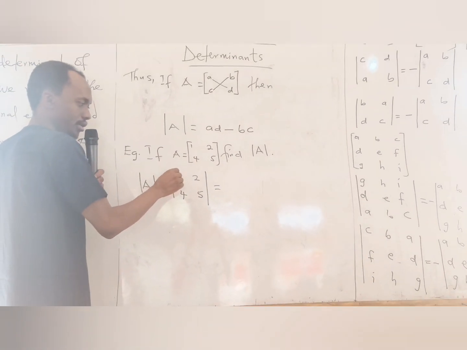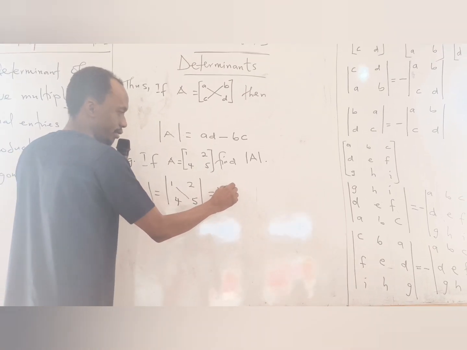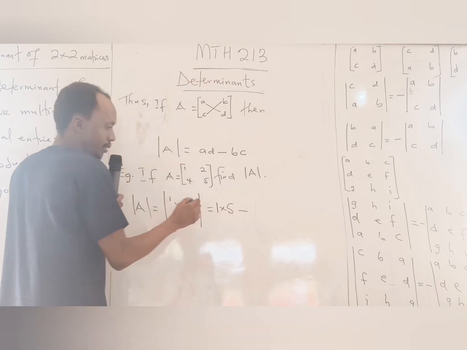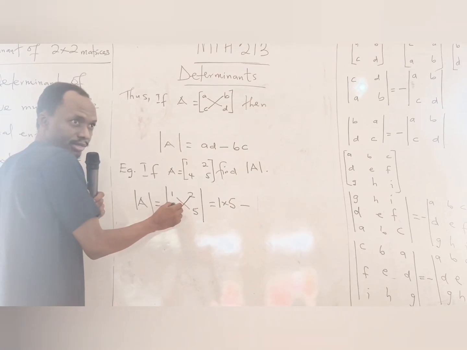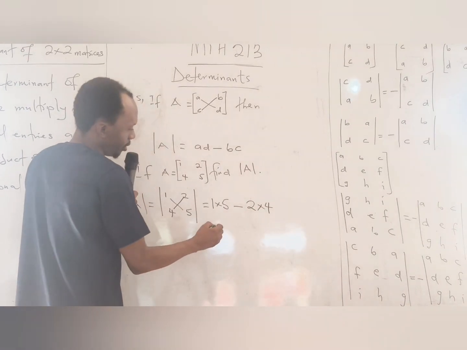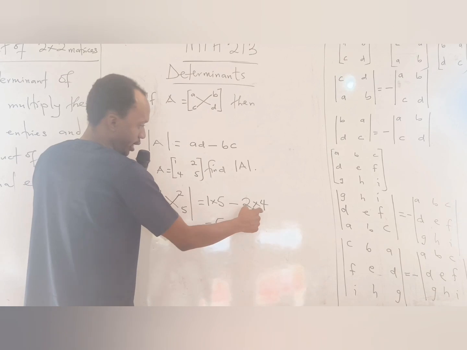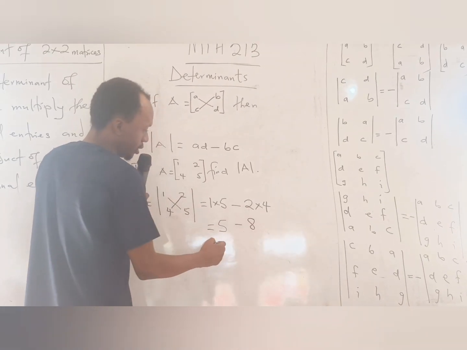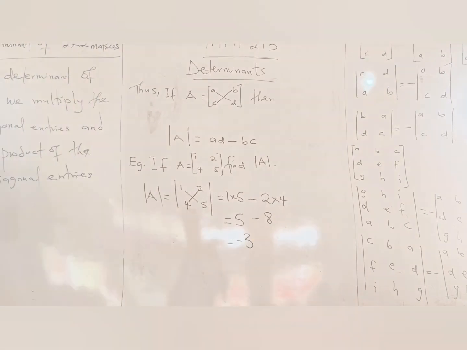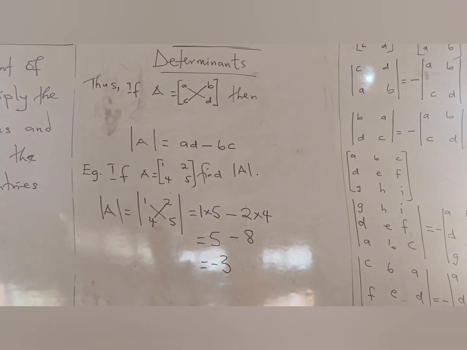What do we get? 1 times 5, minus, multiply this by that, 2 times 4. Multiplying 1 by 5, we get 5. Multiplying 2 by 4, we get 8. When we subtract, we get negative 3. Any question? Negative 3.